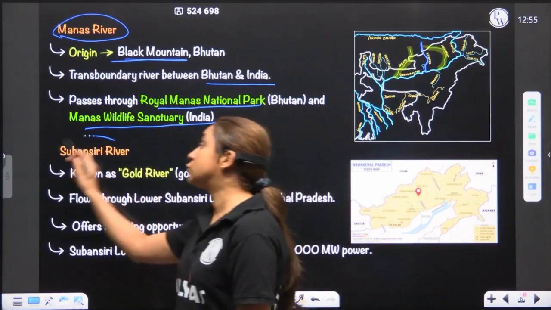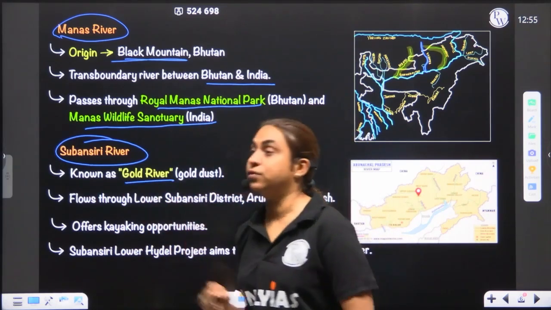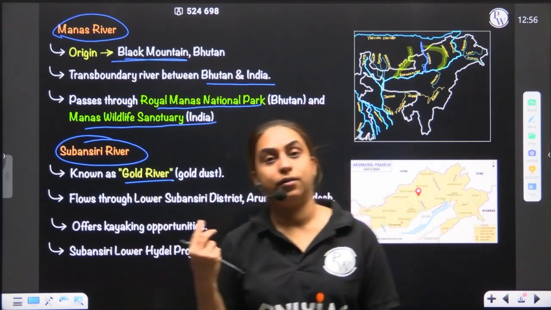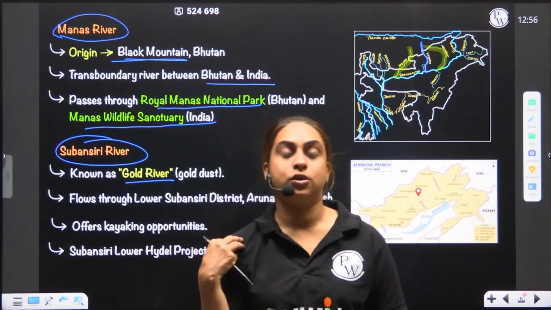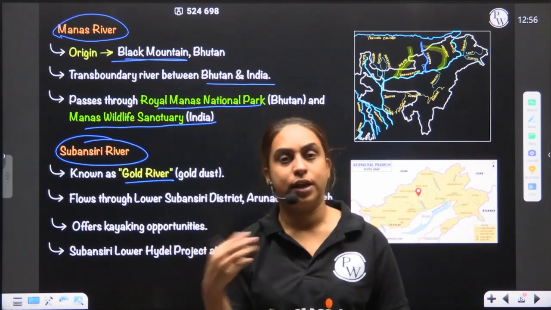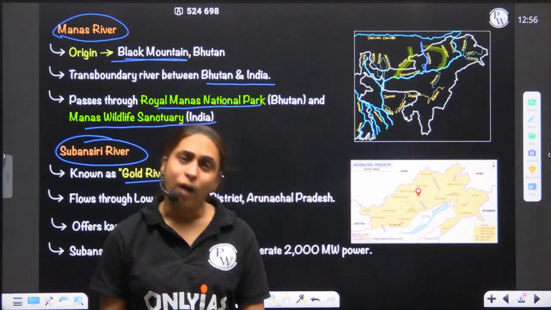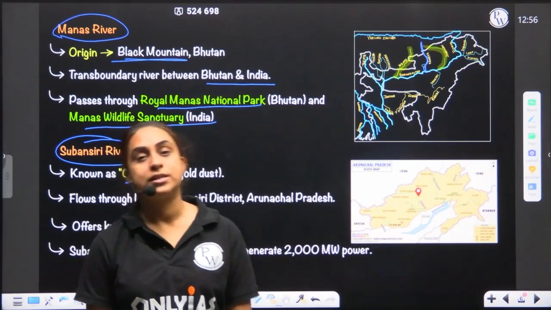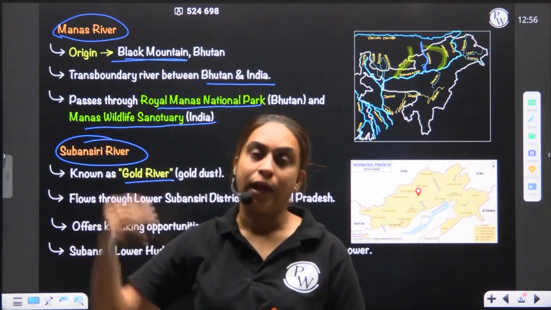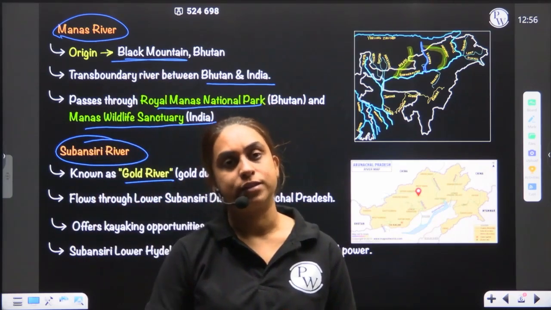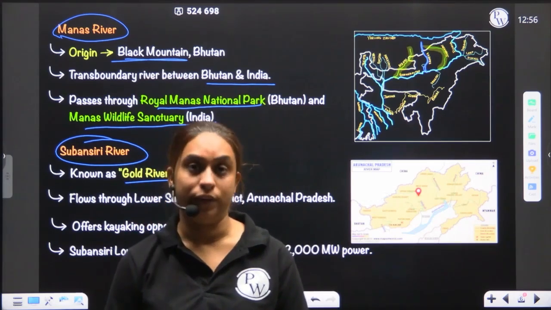Subansari. Okay, Subansari is known as the Golden River. Just as Swarna Rekha is also known as Golden River, Subansari is also known as Golden River. S for Swarna Rekha, S for Subansari, both of them are known as Golden River. Why? Because many of the rivers travel from far off places and bring some of the important metallic minerals along with them.